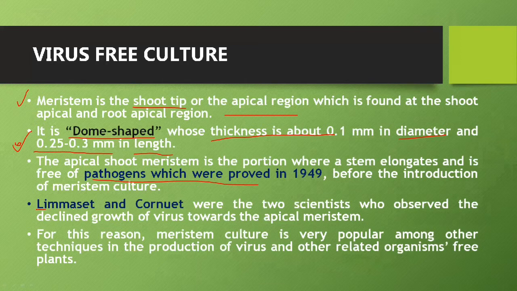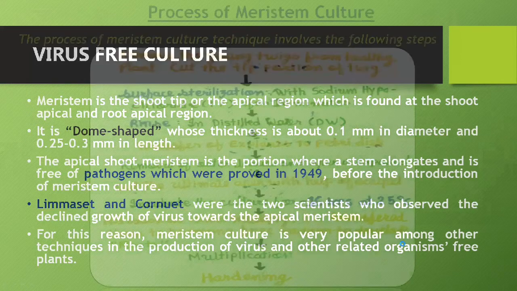It was discovered by Limset and Cornet, sorry for my pronunciation. These two scientists discovered that the apical portions of plants are actively dividing and free from pathogens. For this reason, meristem culture is very popular among the techniques for the production of virus and other related organisms free plants.